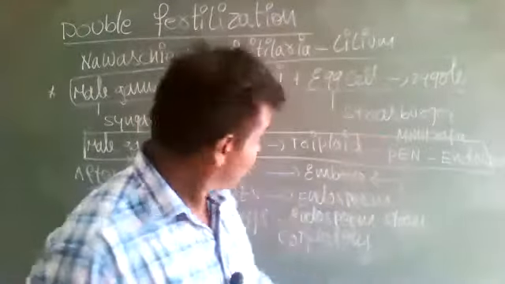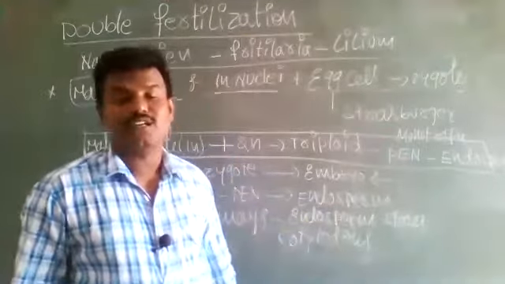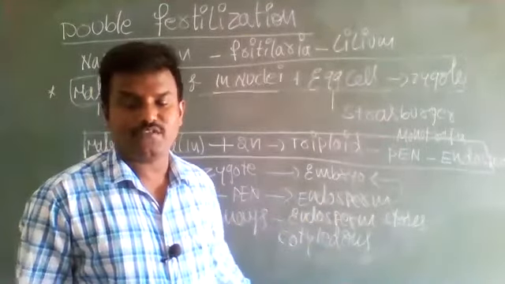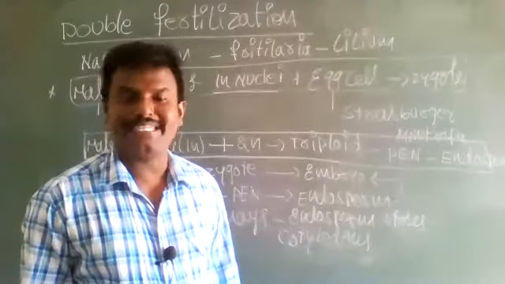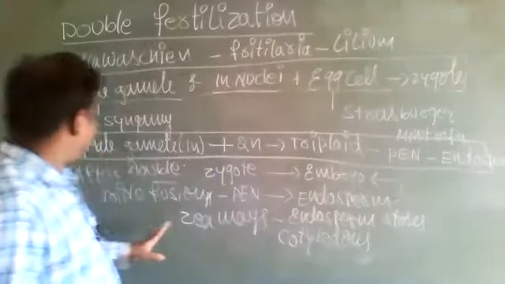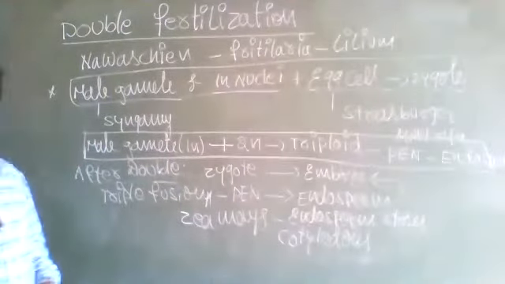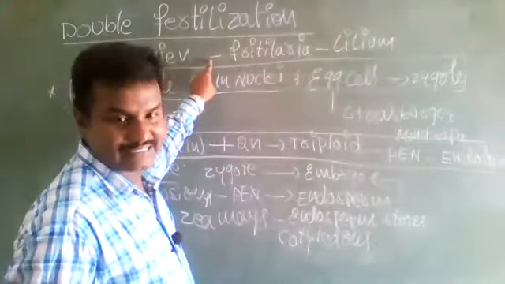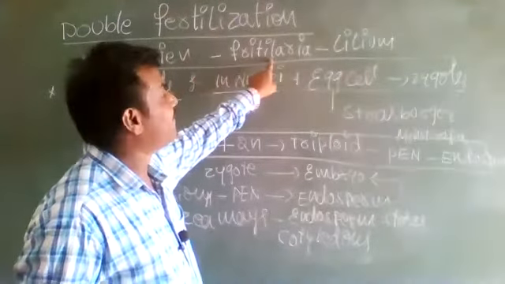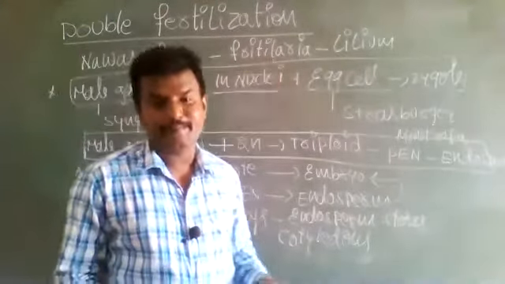In dicots, the cotyledons store the food material. That food material is supplied to the developing embryo during seed germination. So this is double fertilization. This entire process was observed by Navaschin in Fritillaria and Lilium plants.